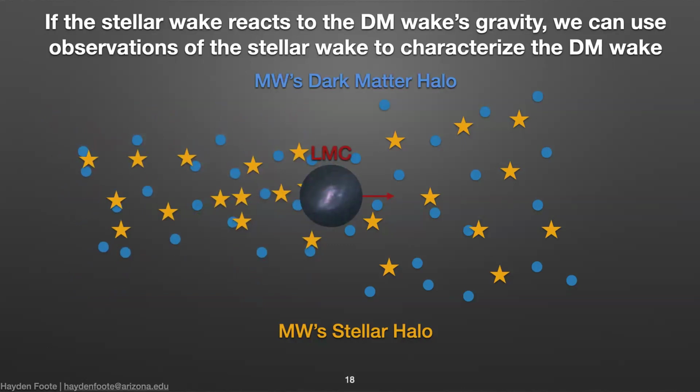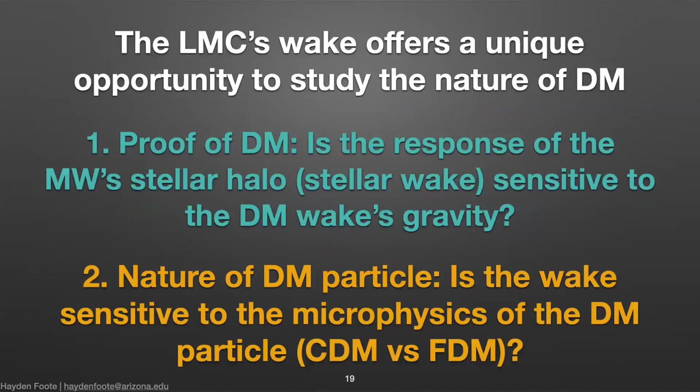That's what's responsible for slowing the LMC down. So if we can show that the stars also react to the gravity of the dark matter wake, then we know that when we look at the stars, there's information there about what the dark matter is doing. And it's not just due to the LMC alone, if that makes sense. That's the first question we want to answer.